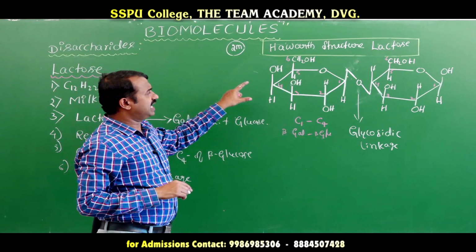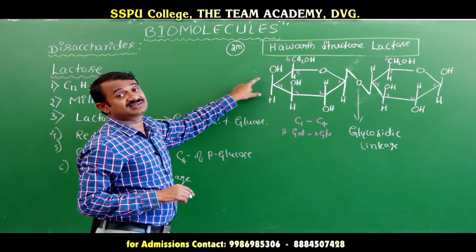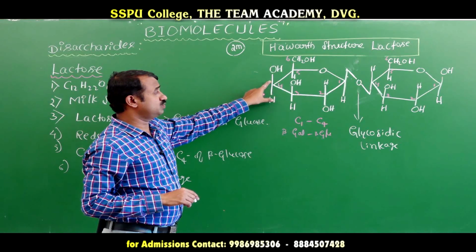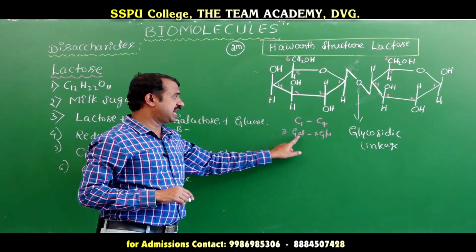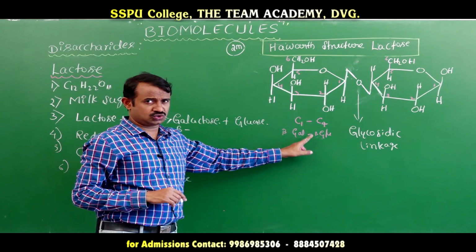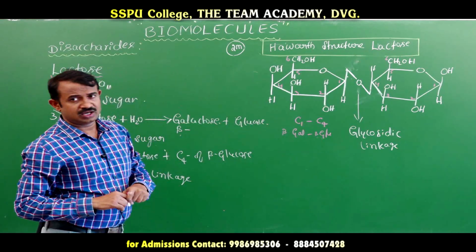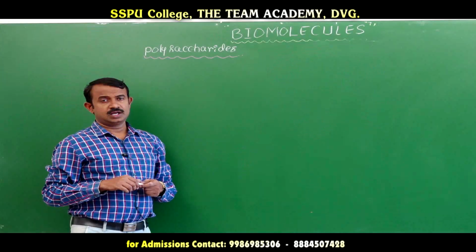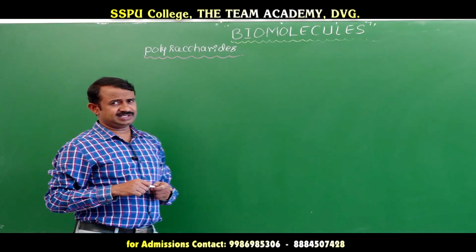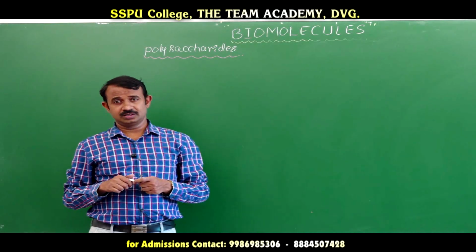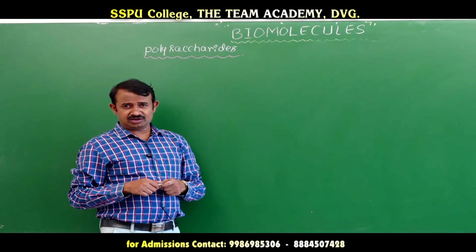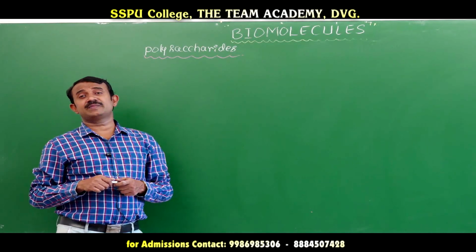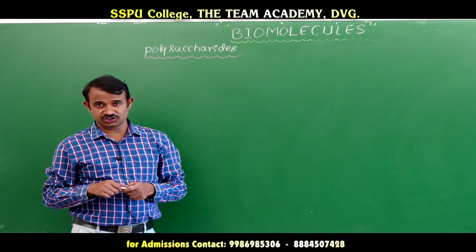For the structure of lactose, you should remember galactose and glucose. Next we will go for polysaccharide. A polysaccharide is a non-sugar which undergoes hydrolysis to form a large number of monosaccharide units.